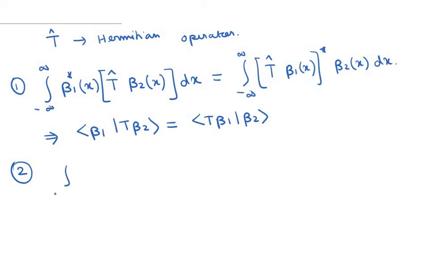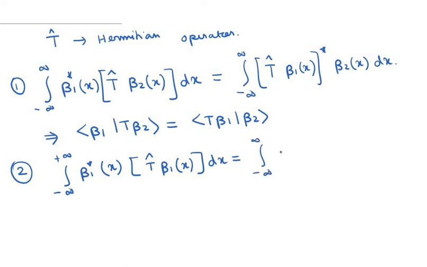It is the integral from -infinity to +infinity of beta 1 x star, operator T acting on beta 1 x dx, is equal to the integral from -infinity to +infinity of beta 1 x, and this operator T acting on beta 1 x dx, star.